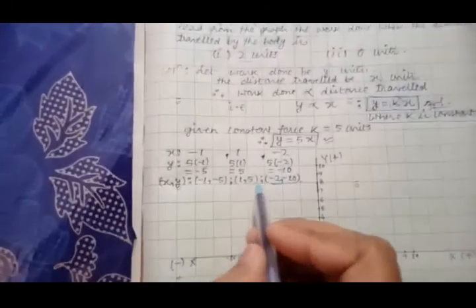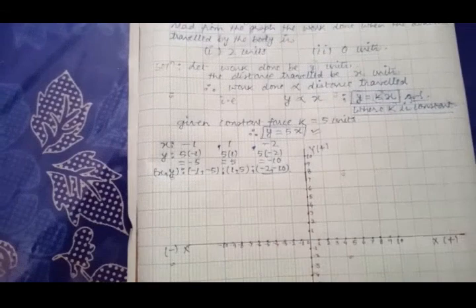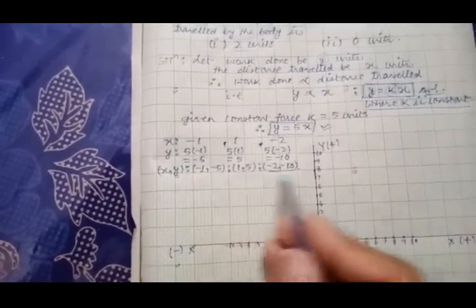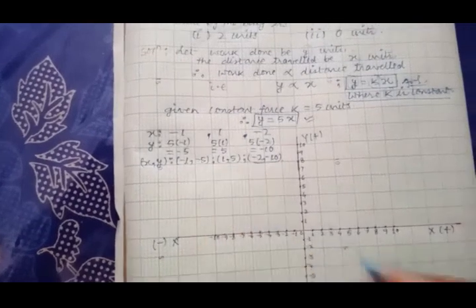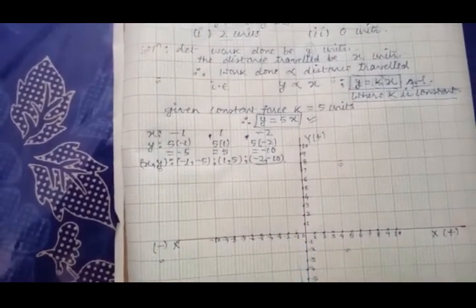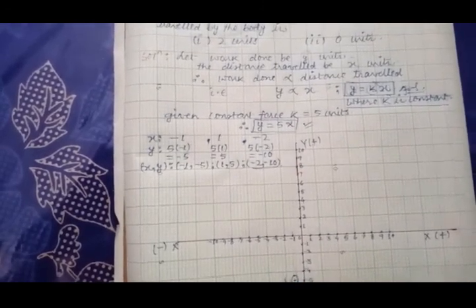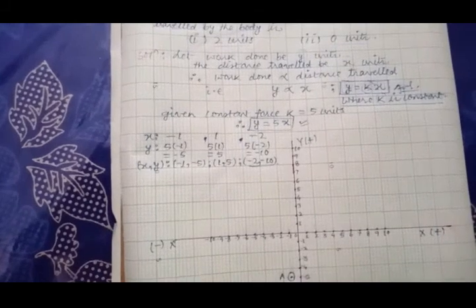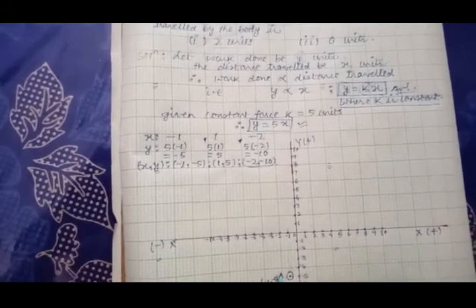Let's plot these solutions on the Cartesian plane in the form of points. First is minus 1 comma minus 5. So this point will be here, point A having coordinate minus 1 comma minus 5.